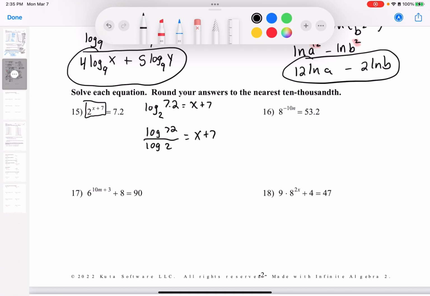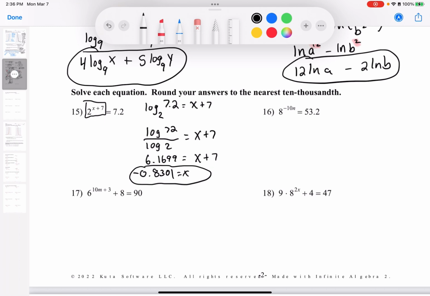So we'll go into our calculator. Log of 72 divided by log of 2 gives me 6.1699. Don't hit clear on your calculator. Equals x plus 7. Now we're solving for x, so we're just going to subtract 7, and you get negative 0.8301 is what your x value is going to be. And you're done.